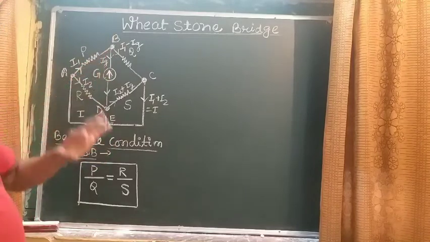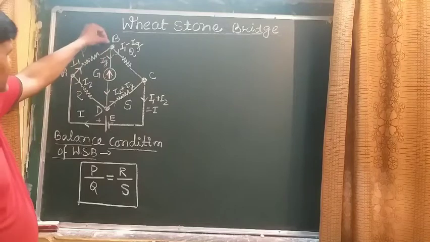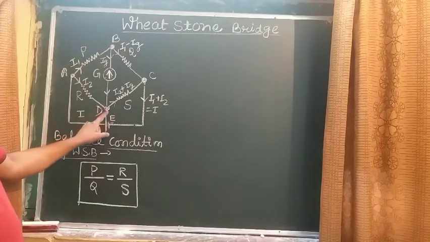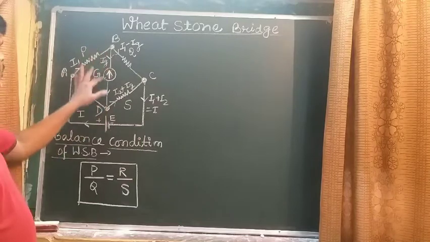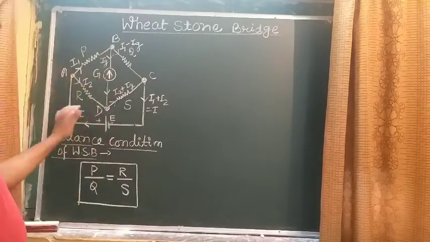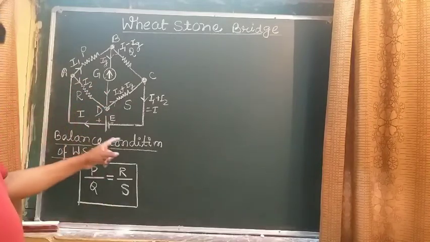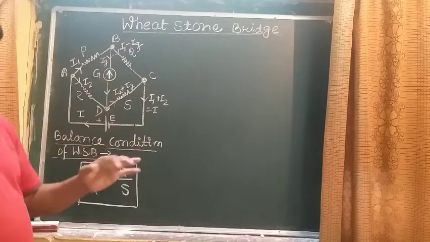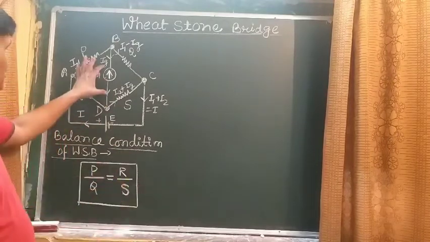If no current flows through the galvanometer, the potentials at B and D are the same, with no potential difference between them. In this case, the bridge is said to be balanced.